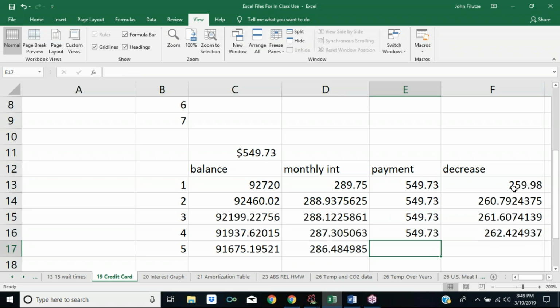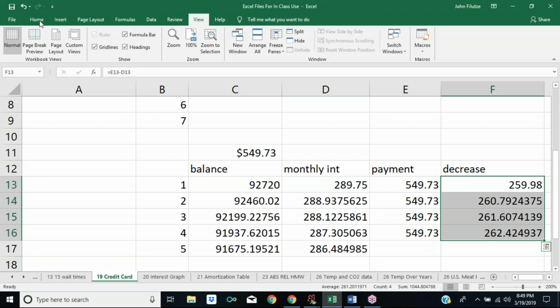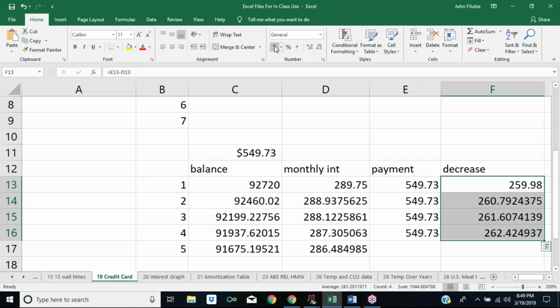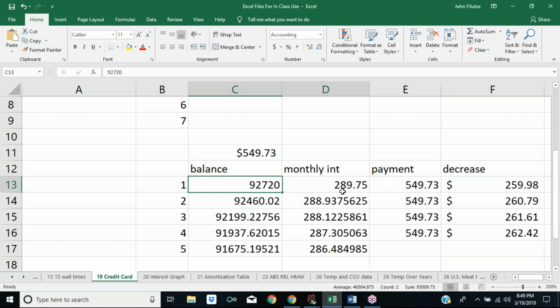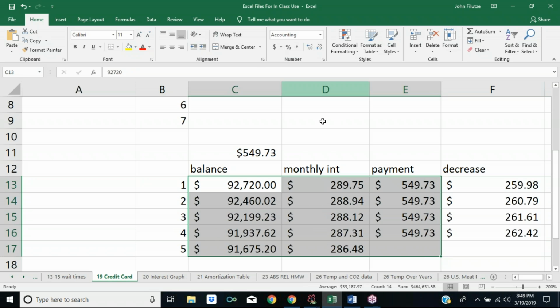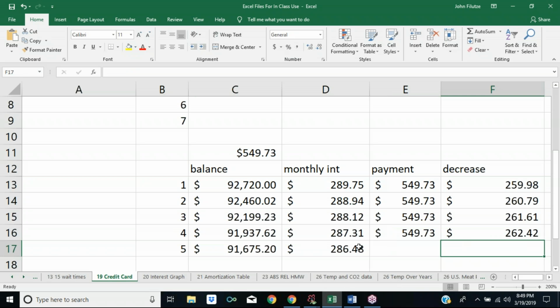And of course we want everything in dollars, so that it gives us those 2 decimal places. All right, how does that look? Does it look good?